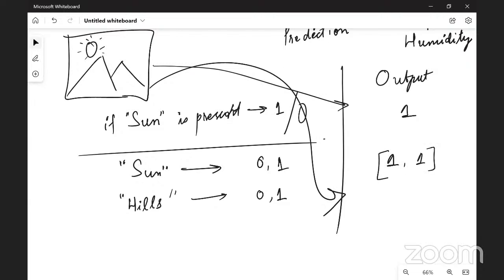So single label versus multi-label is just related to the number of quantities present in your output. That's it, output. If there is only one quantity, it's a single label. If there are more than one quantities, it's a multi-label. Got it, sir. Pretty clear. Thank you.